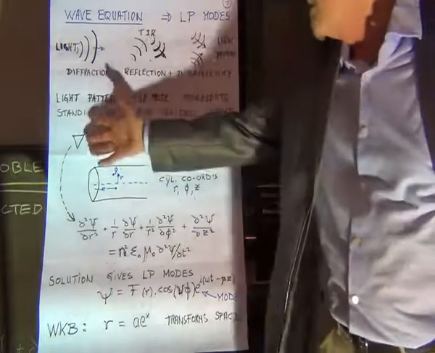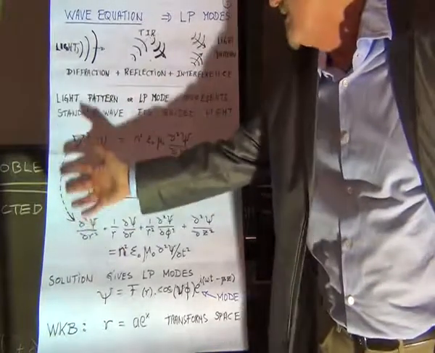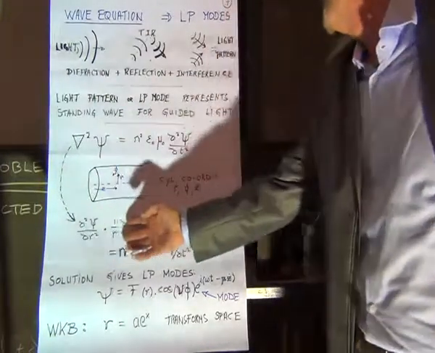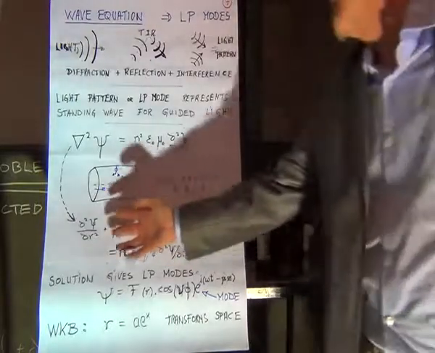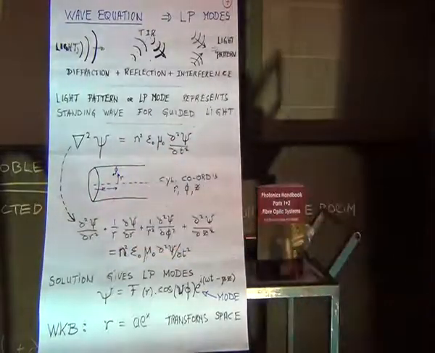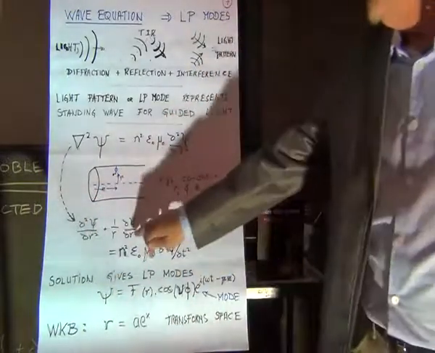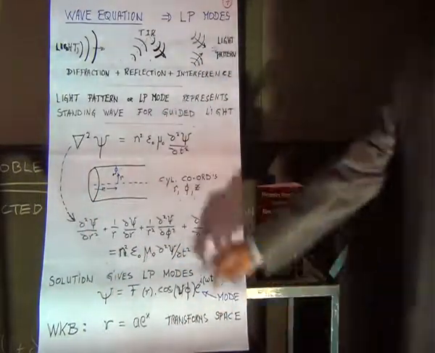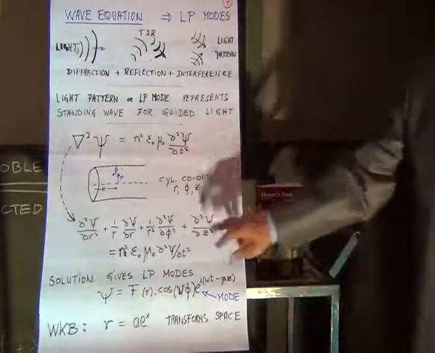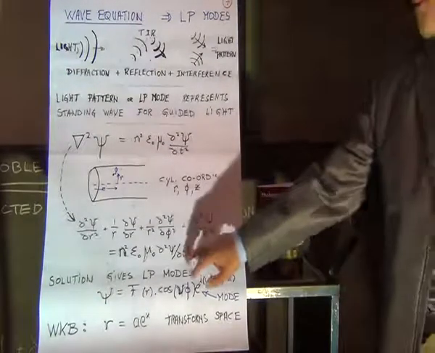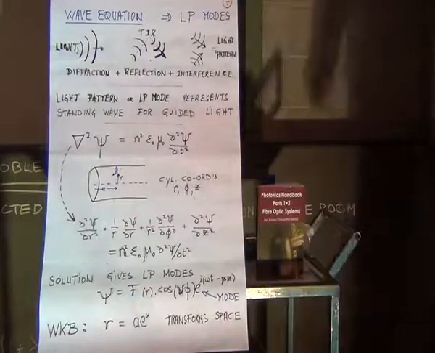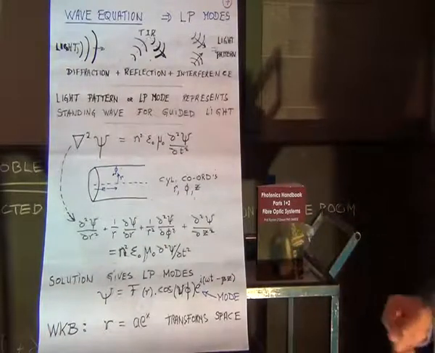And from your maths, it's straightforward to show that the double derivatives in cylinder space looks like this. It means you've got to take the second derivative with respect to r, the first derivative with respect to r, second with respect to phi, second with respect to z. All of those are easy to do, because you'll see now why.